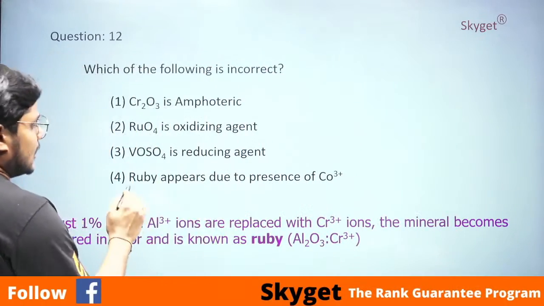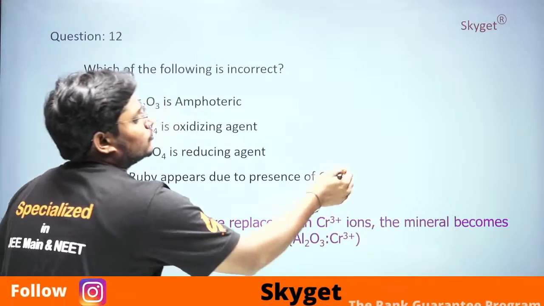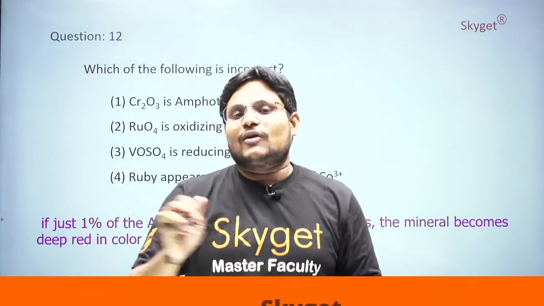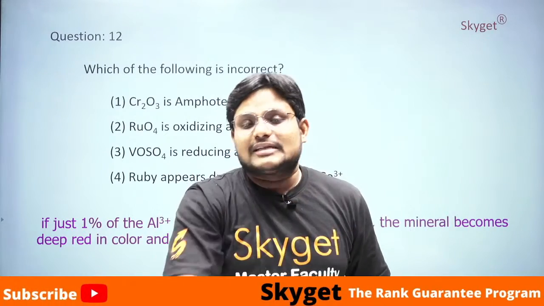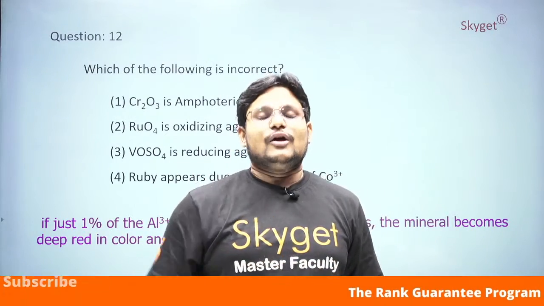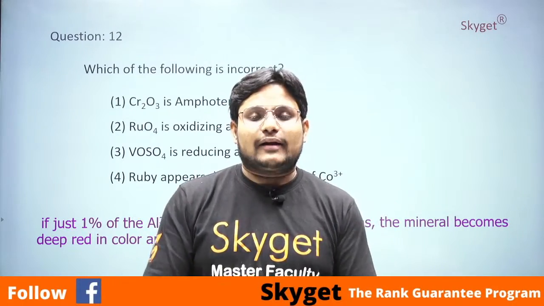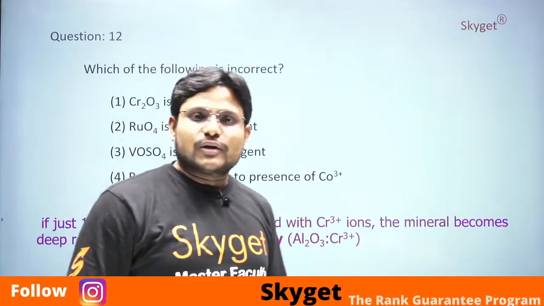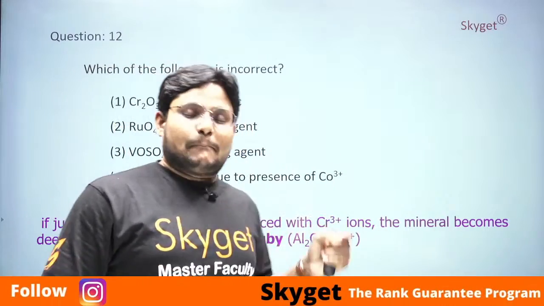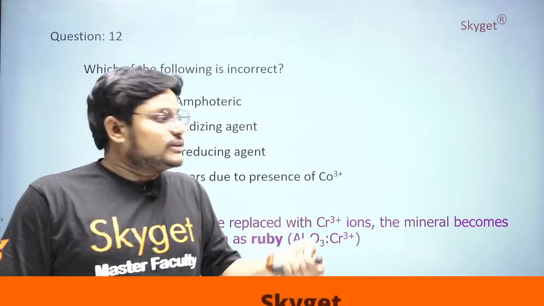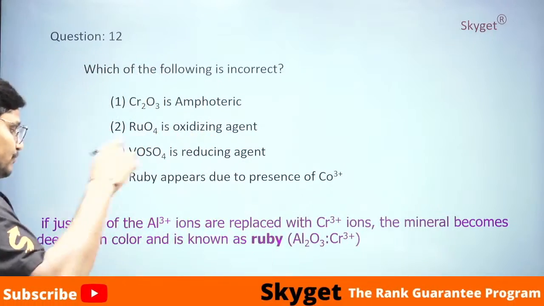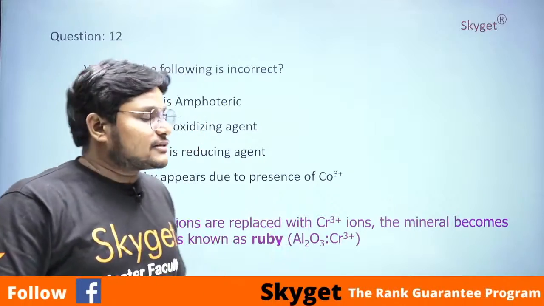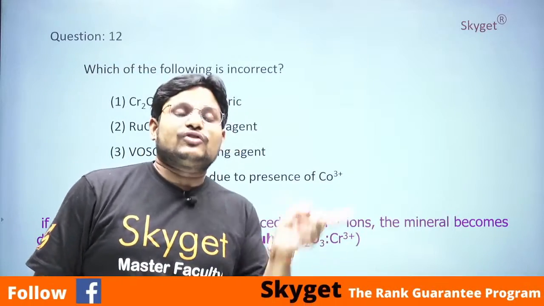But ruby appears due to the presence of Co3+. Yes, this is a tricky question. Even though it looks like a simple question, it is a typical question. Why? Because you will not expect them to ask about the concept of ruby. Actually, you are not getting ruby in the presence of Co3+.